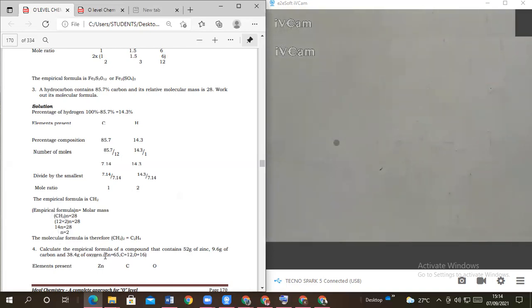The values are here. This is the relative atomic mass: zinc is 65, carbon is 12, O is 16. So the first step is to start with listing the elements present. Then you write their mass or percentage composition.